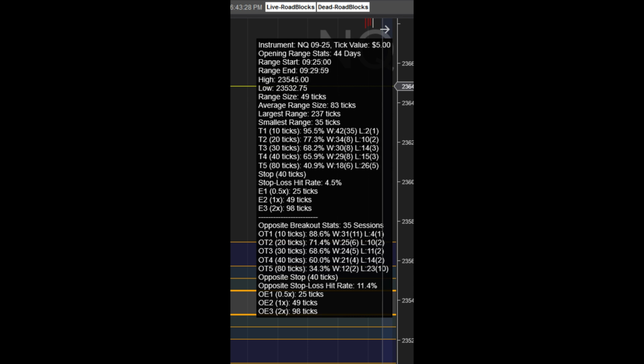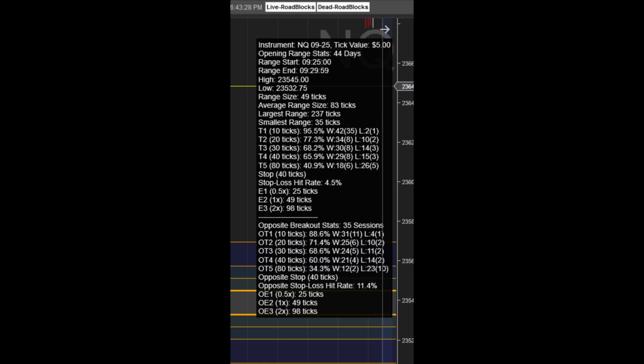So as you can see, our tools are completely flexible. We can try to capture odd timings of the market with daybreak as well as trading the natural opening range breakout. So on our opposite breakout stats down here, I call this the early five, or a lot of the people in the room call it just the pre-market break.